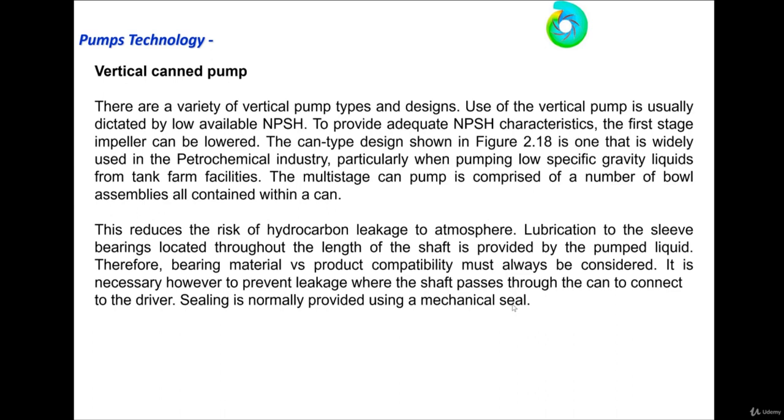If you are going to use the liquid, the lubrication characteristics have to be considered, whether it's compatible or not. If it's not compatible, you have to use another lube oil from an external source to lubricate this bushing. It's necessary, however, to prevent leakage where the shaft passes through the can to connect to the driver. Sealing is normally provided using a mechanical seal.